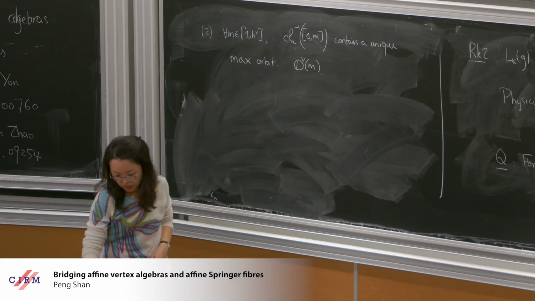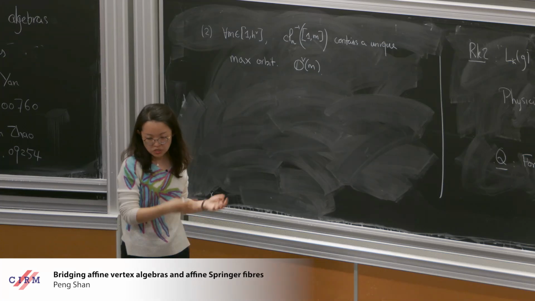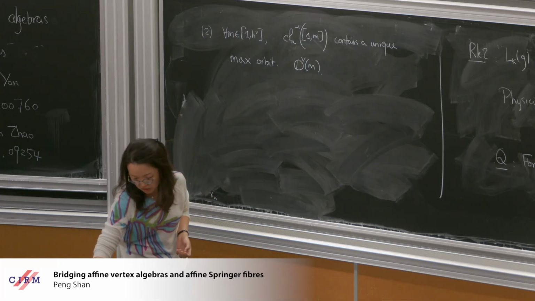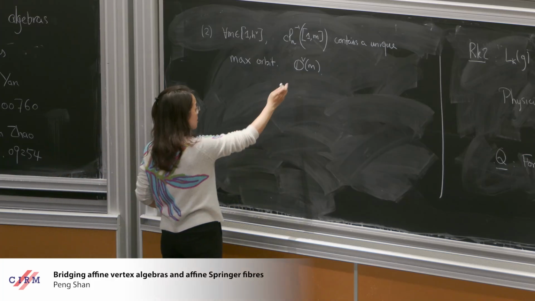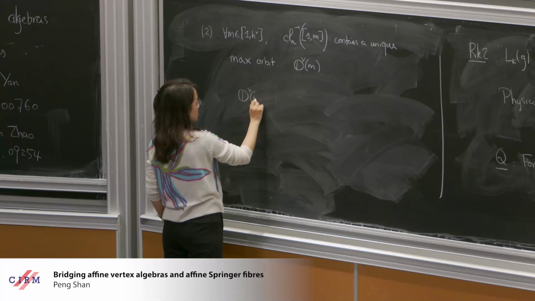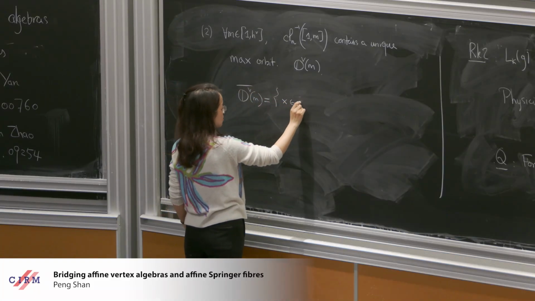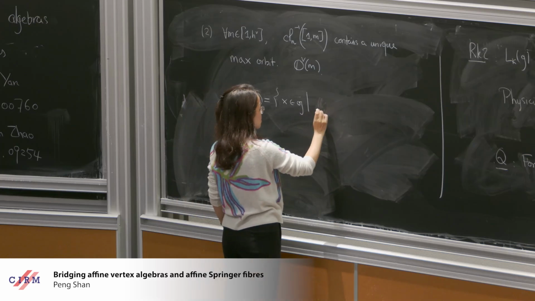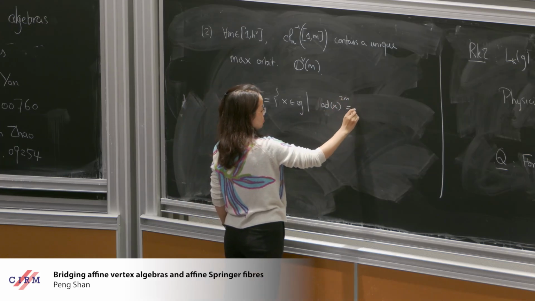You can show that this map increases with orbit. Like when your orbit is getting bigger, then the value of it under this map is getting bigger. And moreover, this orbit can be computed explicitly, and it turns out this is given by x in g such that the adjoint action of x to the power of 2m is equal to 0.